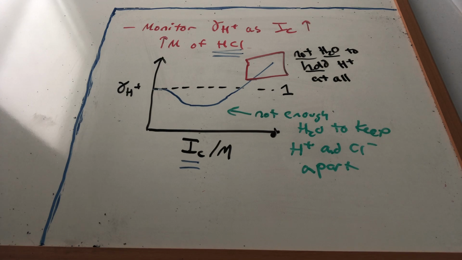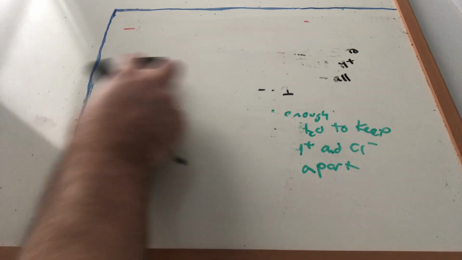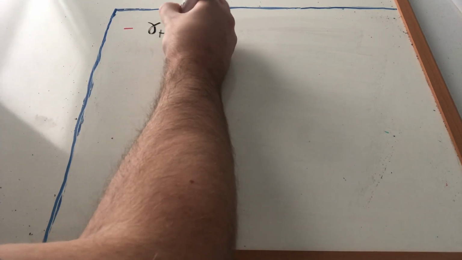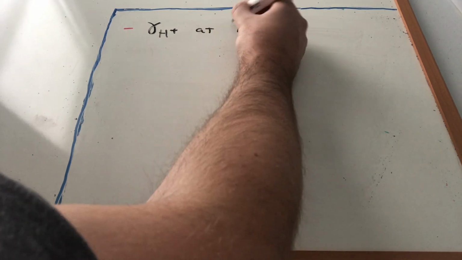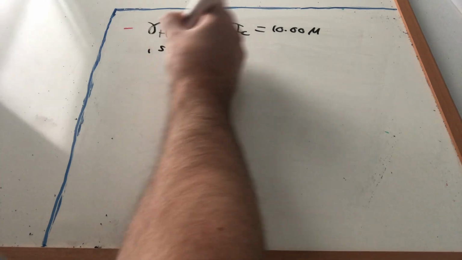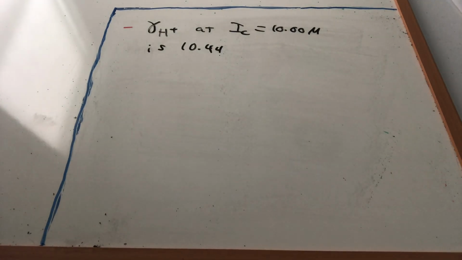Okay. So for example, knowing that there are some physical arguments we can make for what we see in terms of activity is really important. As an example, gamma for H plus at an ionic concentration that's 10.00 molar is 10.44. So it's just a really strange situation.